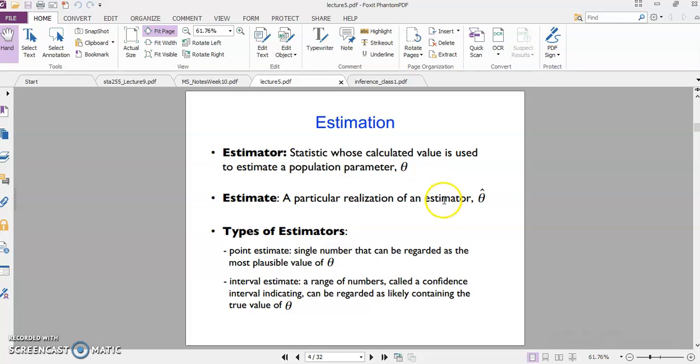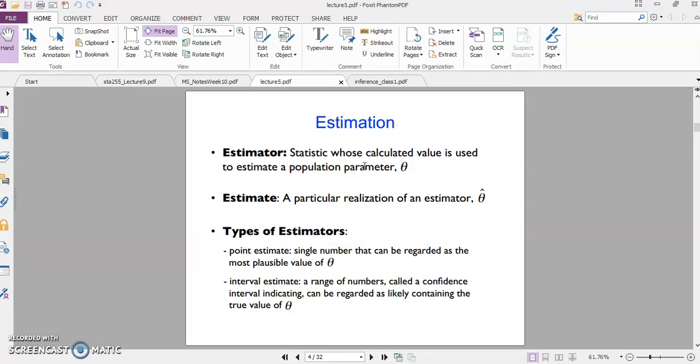So that is called an estimate. The process through which you obtain the estimator and the estimate, all these things are called estimation and the theory of estimation.